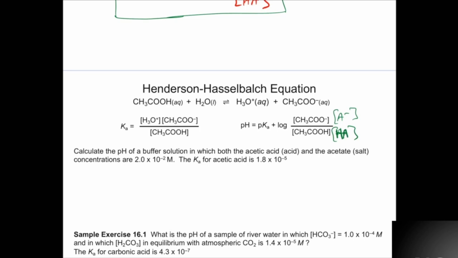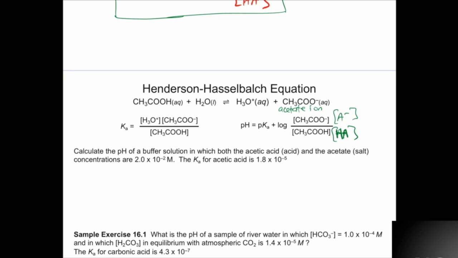And we're asked to calculate the pH of a buffer solution where both the acetic acid concentration and the acetate concentrations, that's the salt, that's what this is, the acetate ion, are both equal to 2 times 10 to the minus second. And we're told what the Ka for acetic acid is.